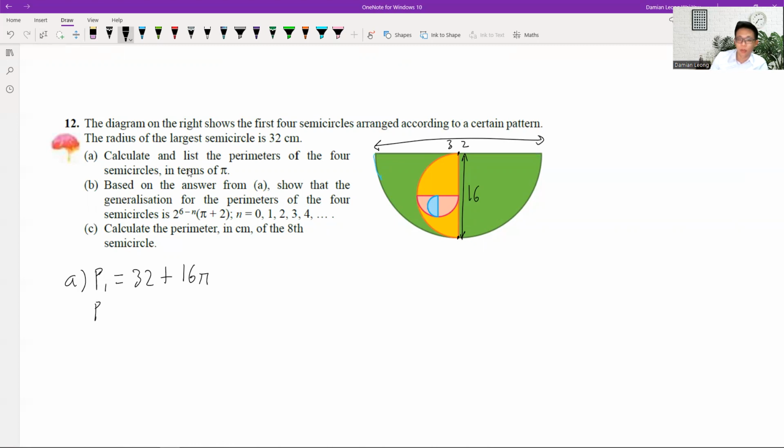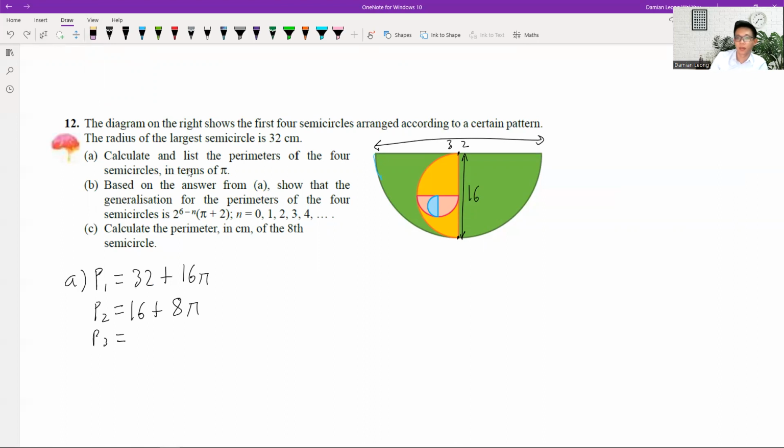Second perimeter is 16 here plus half of it, 8 pi. Third perimeter is, actually I can just list it out in a line.